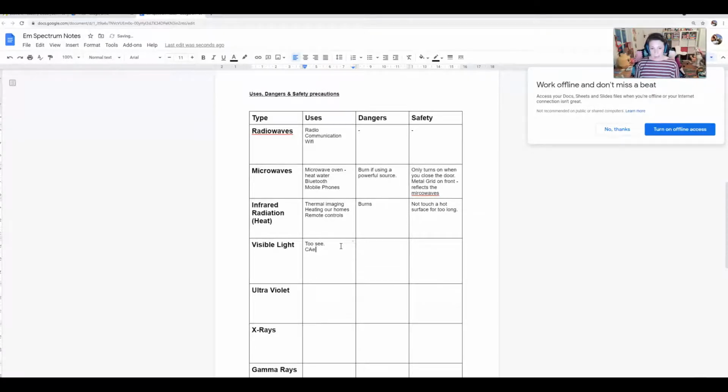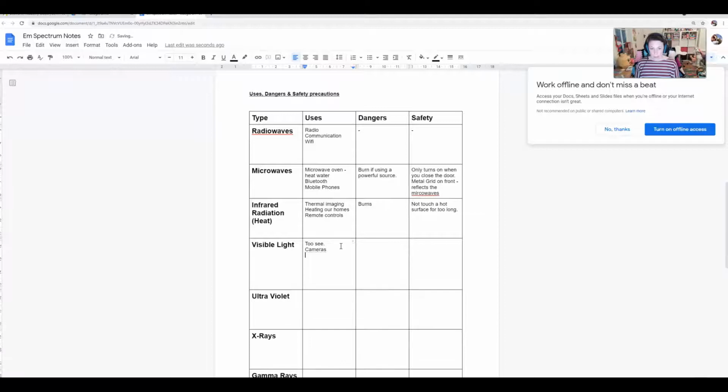We use it in cameras, for photos, and we use it in fibre optic cables. Okay, and the dangers, if it's bright, it can damage our eyes.